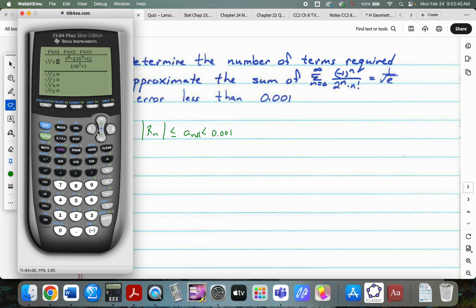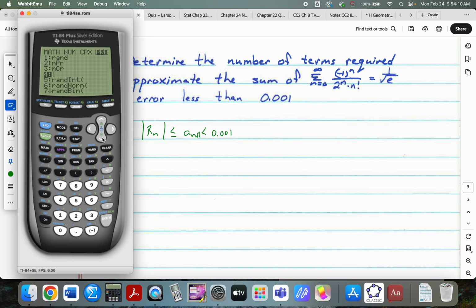The simplest way, I think, is just to load that into y sub 1. And we're going to have 1 over 2 to the nth times n factorial. For factorials, I usually go to the math menu and to probability, and it's there.